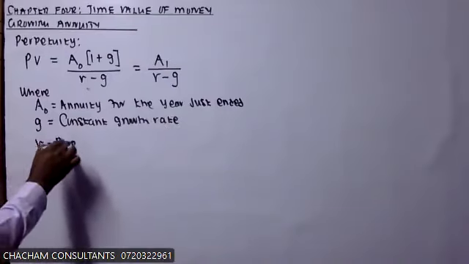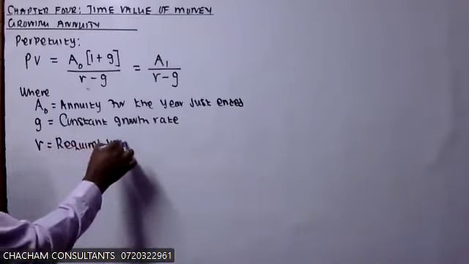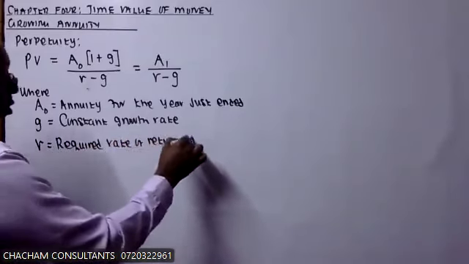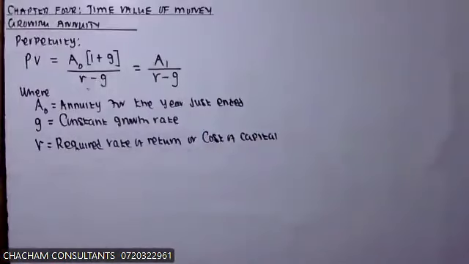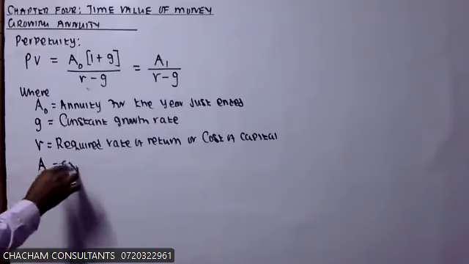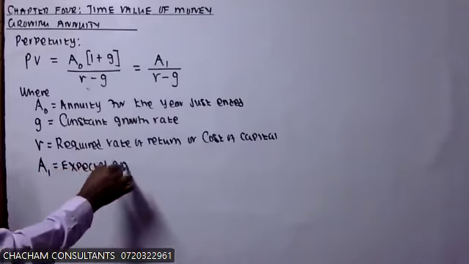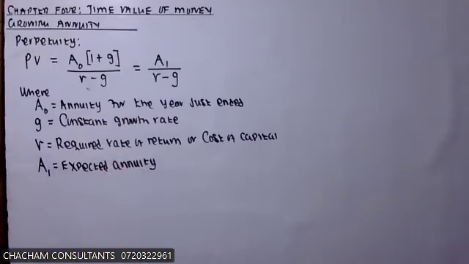R is the required rate of return or cost of capital. And A1 is the expected annuity.